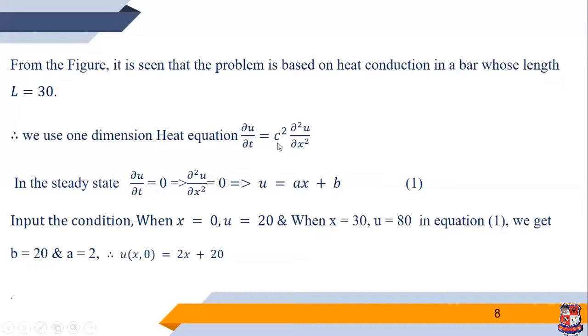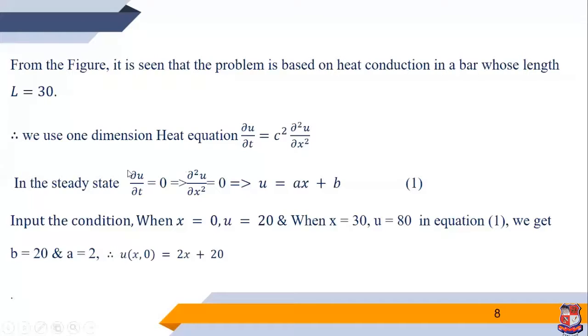So del u by del t is equal to c square del square u by del x square. In the steady state condition, the value of the derivative with respect to time is 0. Steady state means the derivative of the temperature with respect to time is 0, that means the temperature is constant.